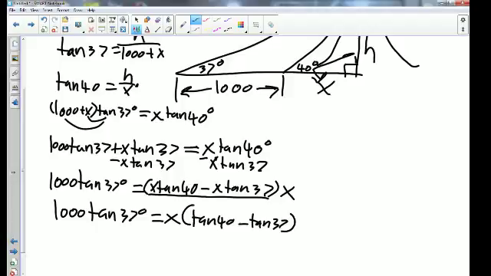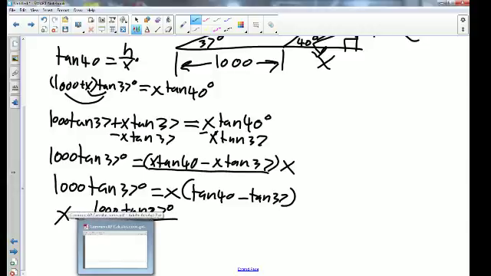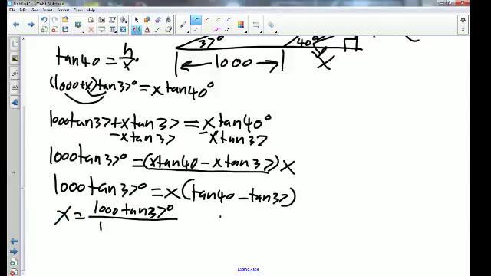Now we can say x equals 1,000 tan of 37 over tan 40 minus tan 37.